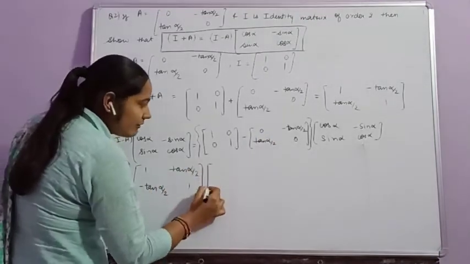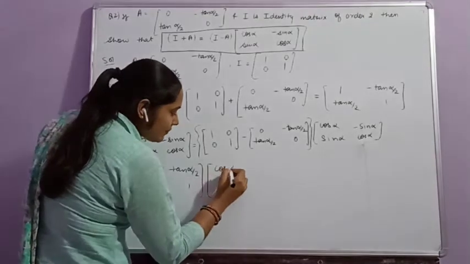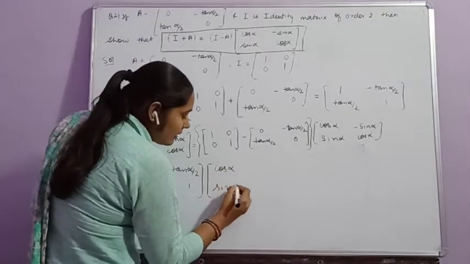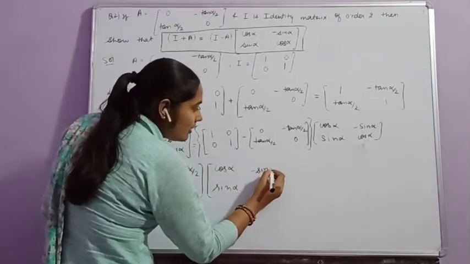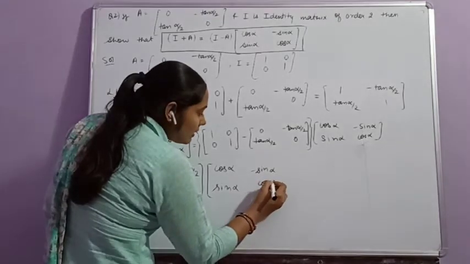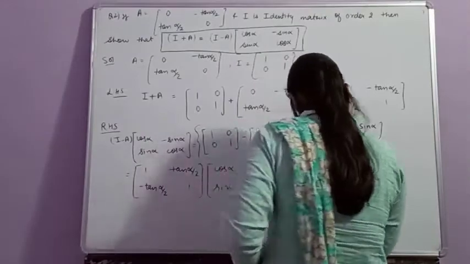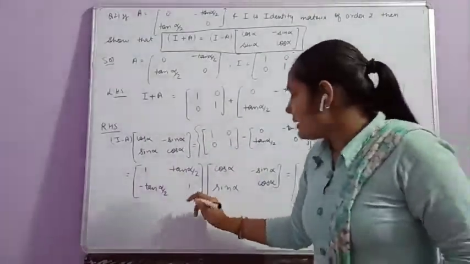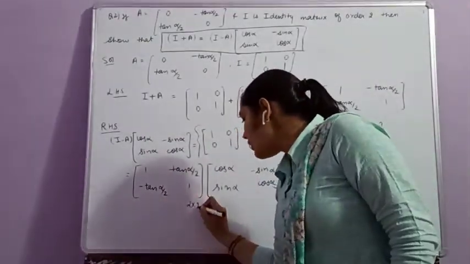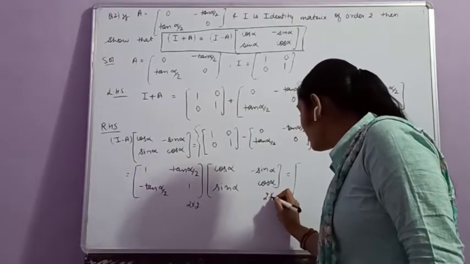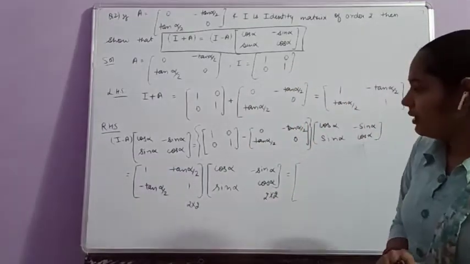That is multiplied with [[cos alpha, sin alpha], [minus sin alpha, cos alpha]]. After multiplication, we find that this is a matrix of order 2 and that is also of order 2.